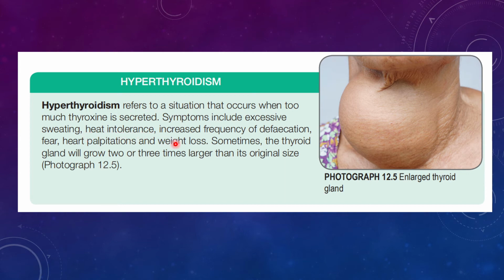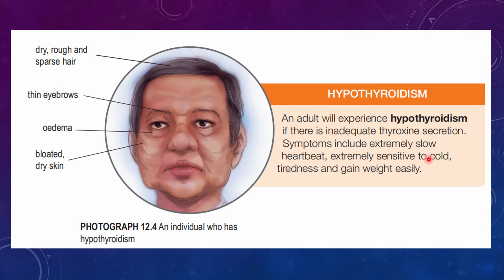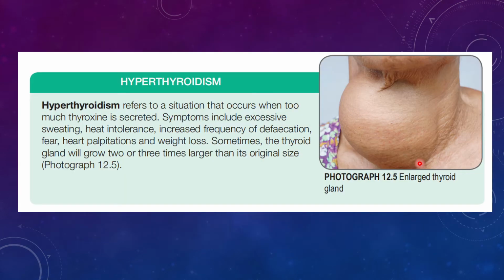Previously the patient was extremely sensitive to cold, and now he has heat intolerance. Increased frequency of defecation, fear, the heart always palpitates, and even weight loss because he or she is very active metabolically. Sometimes the thyroid gland will grow 2 or 3 times larger than its original size. Okay, there is excessive secretion of thyroxine hormone. This is hyperthyroidism.